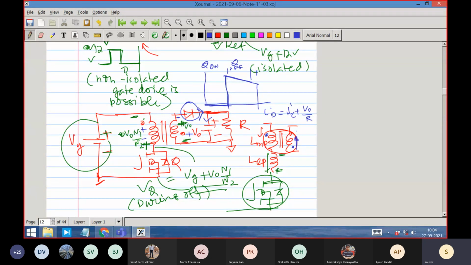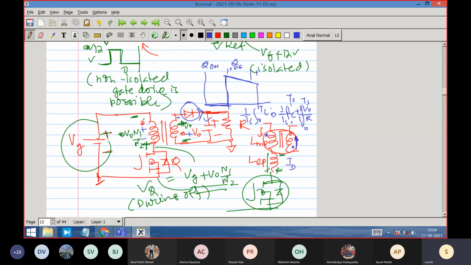But then mathematically, what is the average? Average means 1 by TS integral from 0 to TS. That is always true. So we get ID average.